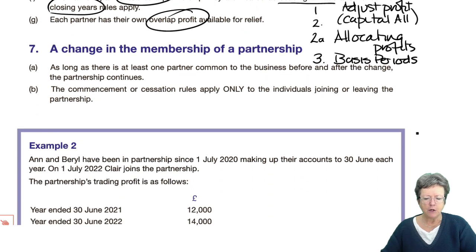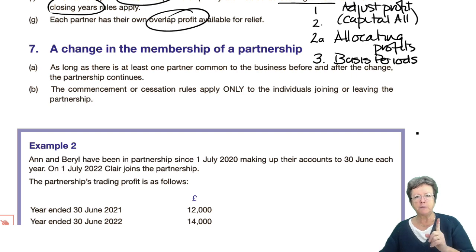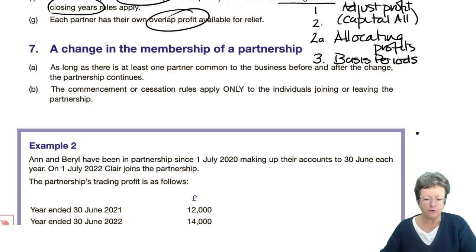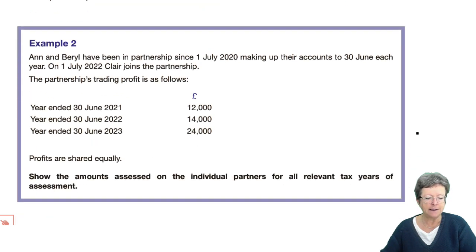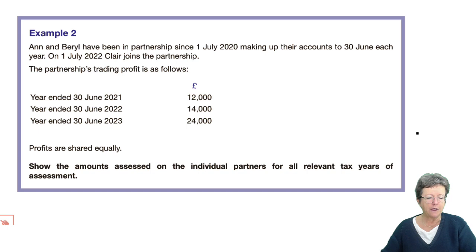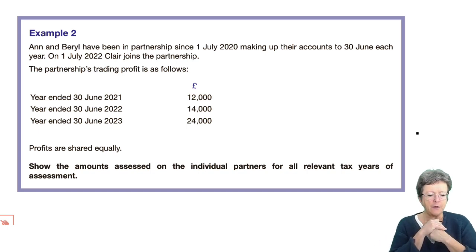Okay. So, any change in a partnership, as long as one of them is still there, then it still continues. And commencement and cessation rules only apply when they start and they leave. So let's have a look at Anne and Beryl. Now, they've been in partnership since 2020, and they make up their accounts to the 30th of June.